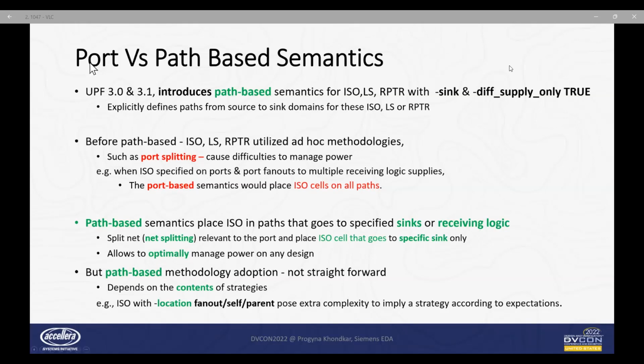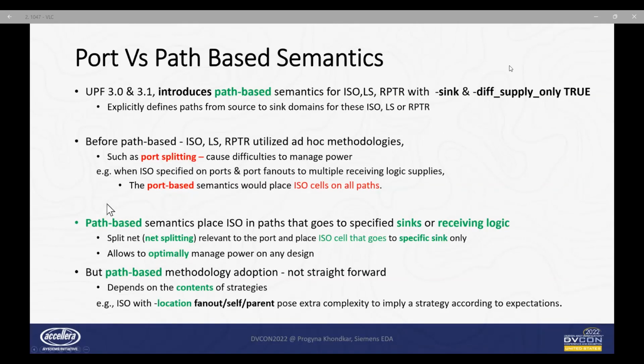Before path-based semantics were in place, ISO, LS, or repeater utilized ad hoc methodologies, such as port splitting, which could be very difficult to manage power, because when ISO are specified on ports and the port fans out to multiple receiving logics, the port-based semantics would end up placing isolation cells in all paths.